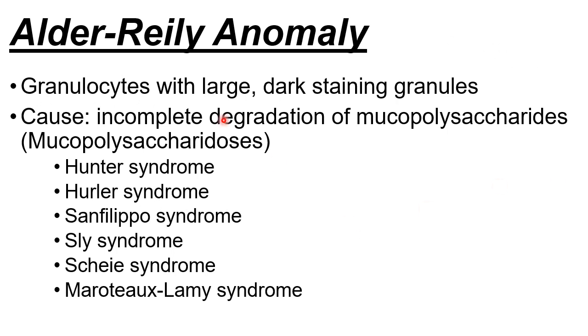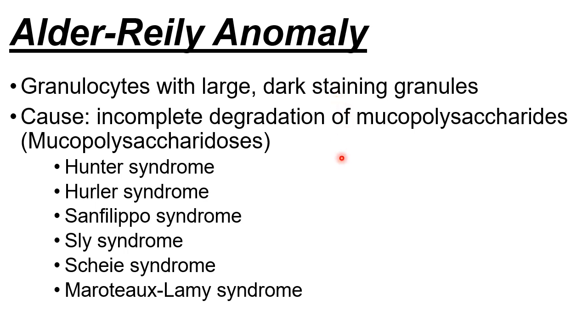Okay, next condition is Alder-Reilly anomaly, which contains the large dark staining granules. Saan nanggaling itong mga large dark staining granules? This is actually your waste products na pinroduce ng iyong lysosomes. And itong mga waste products na to, naiipon sa loob ng WBC. Hindi sila nadudurog completely. Okay?